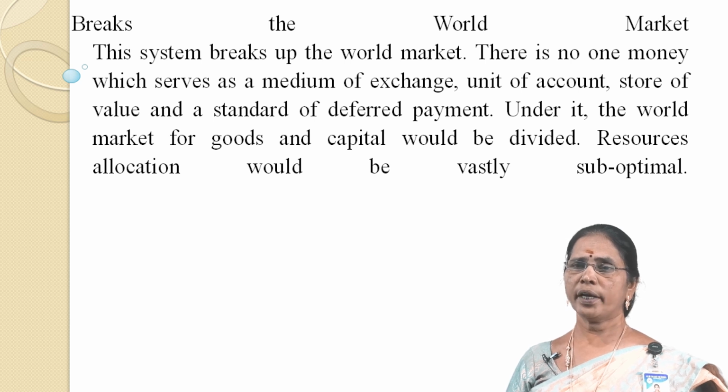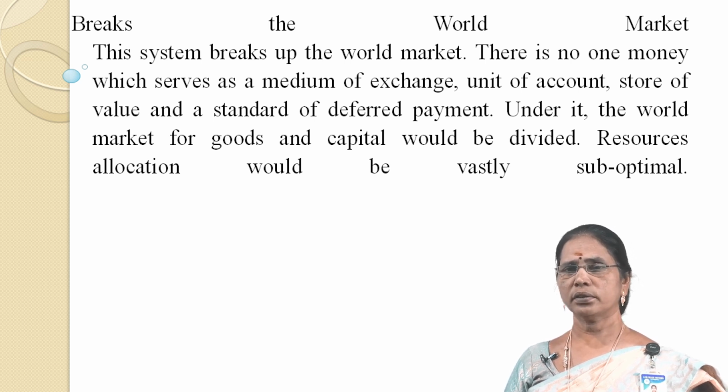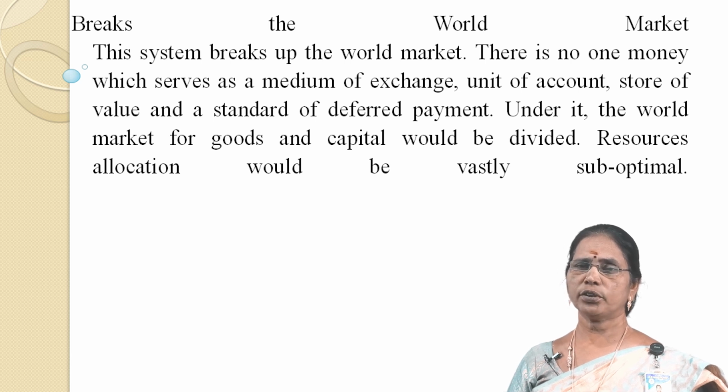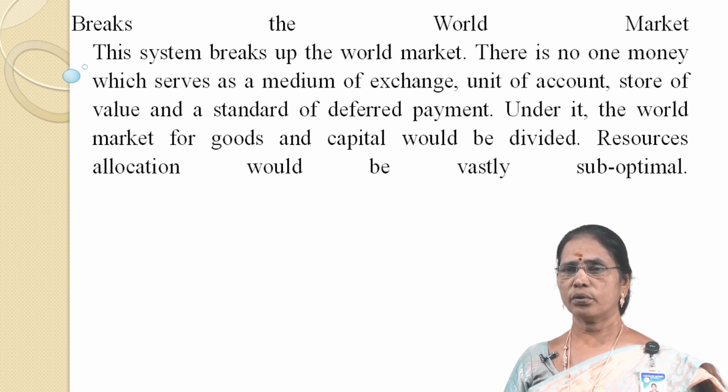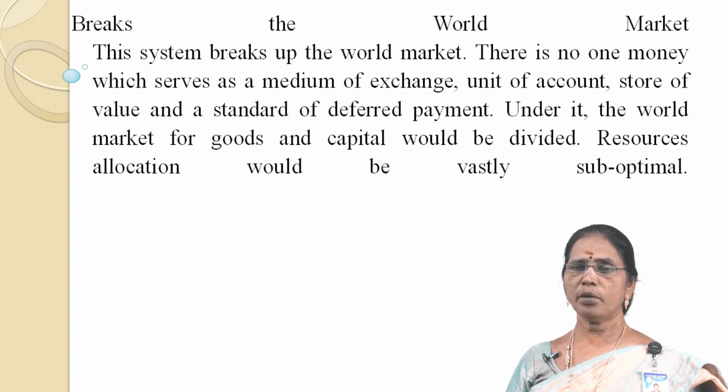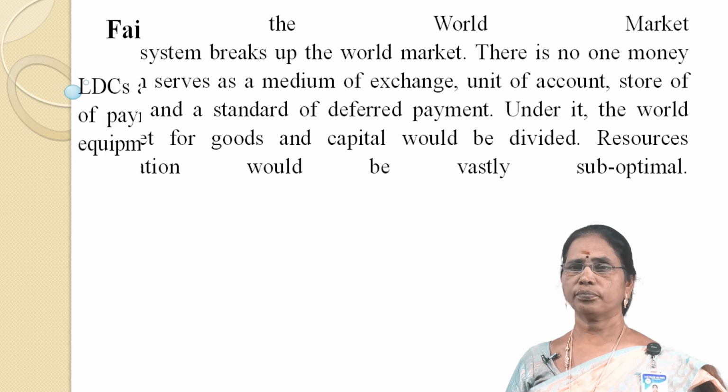The system breaks up the world market. There is no one money which serves as a medium of exchange, unit of account, store of value, and a standard of deferred payment. Under it, the world market for goods and capital would be divided, and resource allocation would be vastly suboptimal.